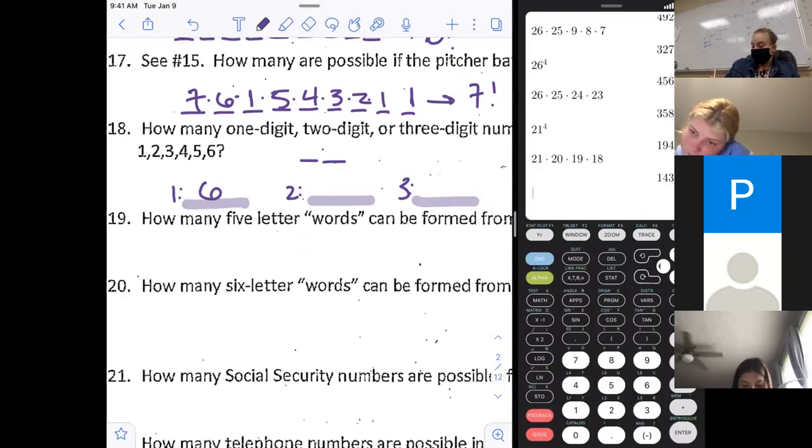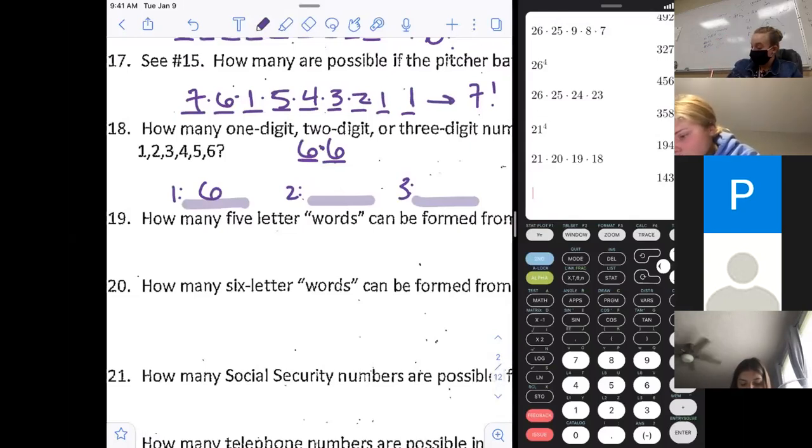How many options do I have for my first digit in order for it to be a 2-digit number? 6. Very good, Brooke. And then I also have 6 for my second digit. You don't have to minus 1 off because 11, 1 in the first one and 1 in the second one, that's a fine 2-digit number. 66, 6 in the first one, 6 in the second one, that's a perfectly fine 2-digit number.